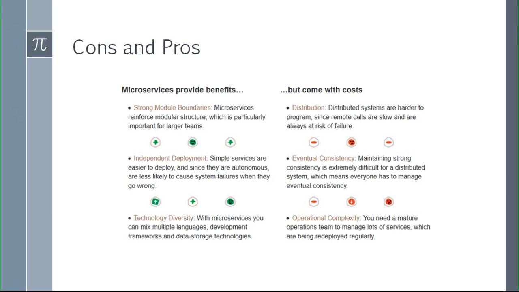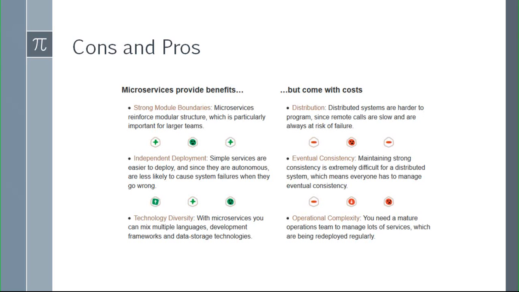One of the problems is related to distribution, because distributed systems are harder to program for developers, and they add more single points of failure in comparison to a monolithic system.